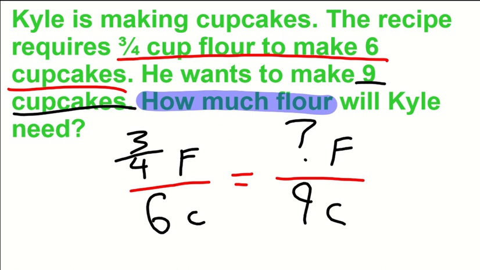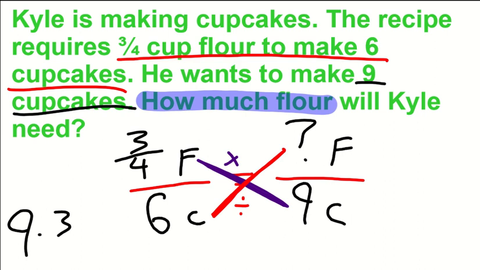To solve, you take the 2 numbers that are diagonal to each other. In this case, that's the 9 and the 3/4, and you multiply them. The number that is diagonal from the blank, or question mark in this case, is what you divide by. So to solve this, we're doing 9 times 3/4 divided by 6.